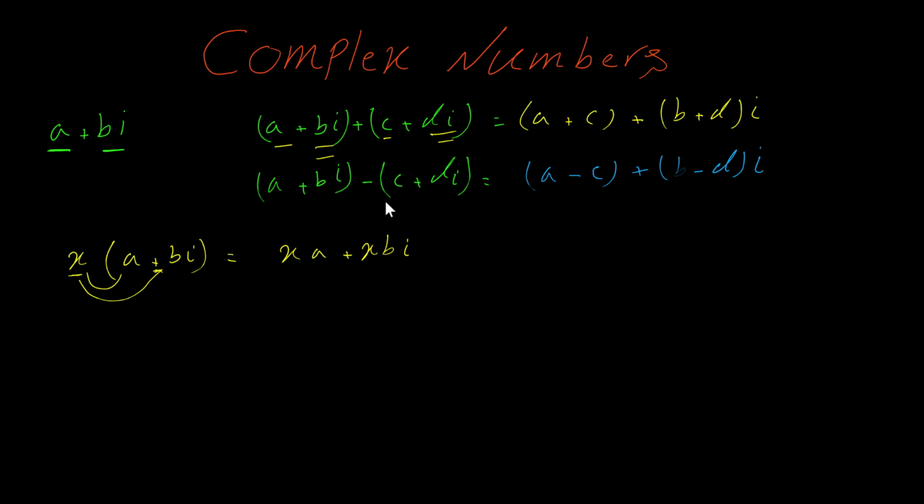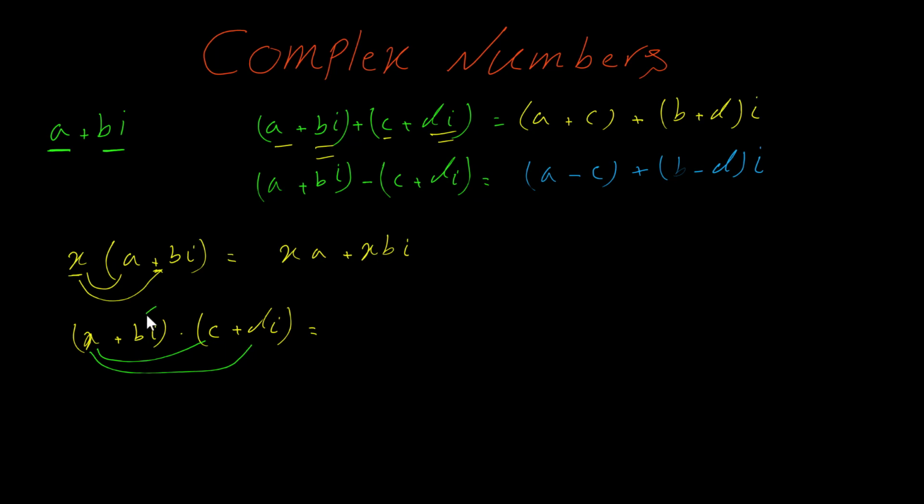In the same way, if we have two complex numbers getting multiplied, let's say a plus bi, and we want to multiply that by c plus di, the way that we can do it is a gets multiplied by both components of the standard form.